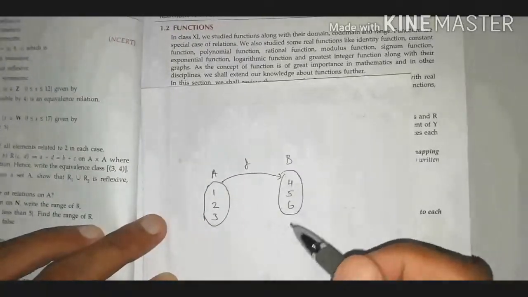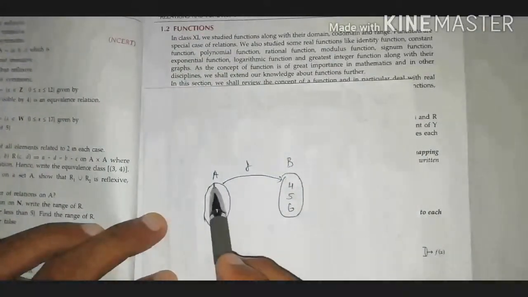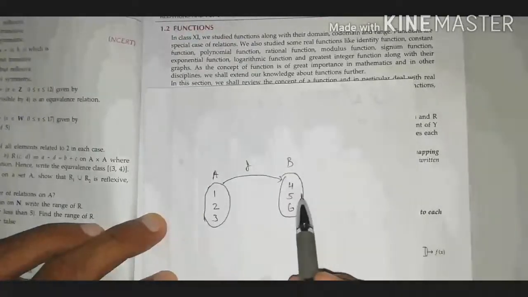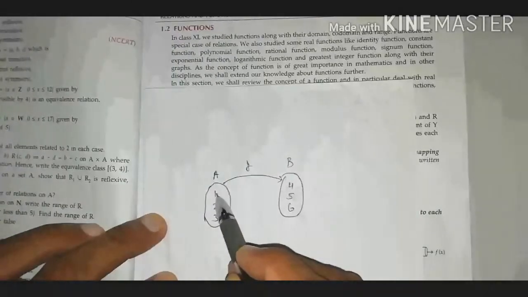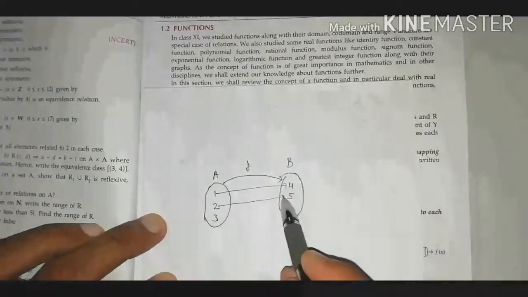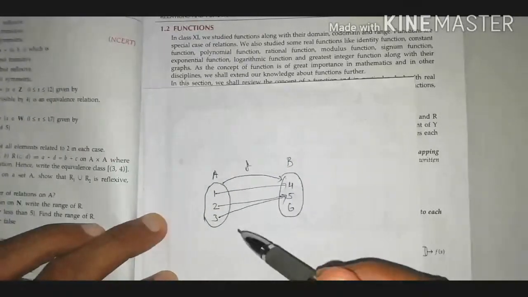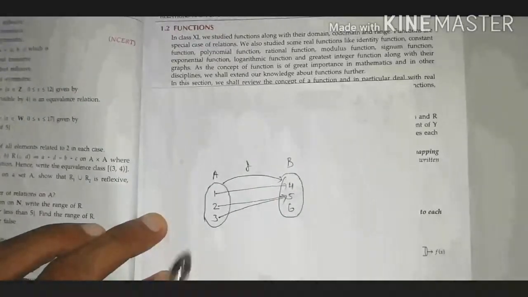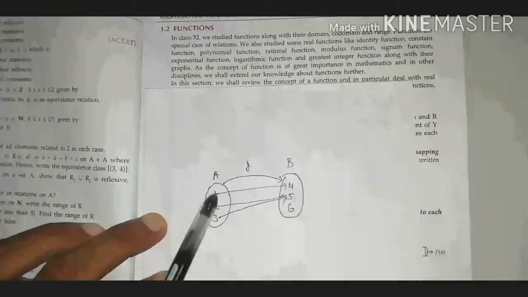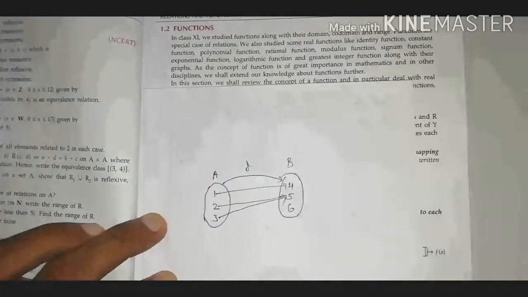The condition is that all elements of A must have a unique image in B. Here the image of 1 is 4, 2 is 5, and 3 is also 5. Can you consider this a function? All three elements of set A have a unique image.